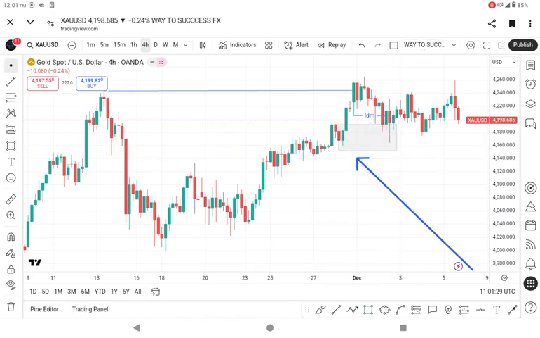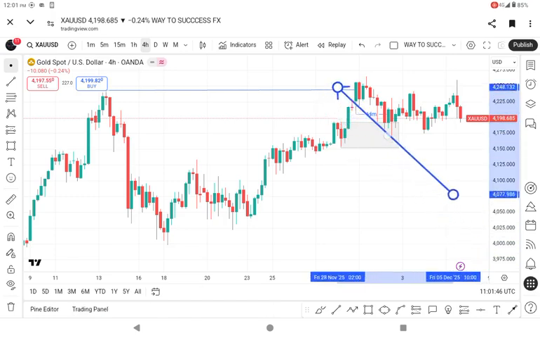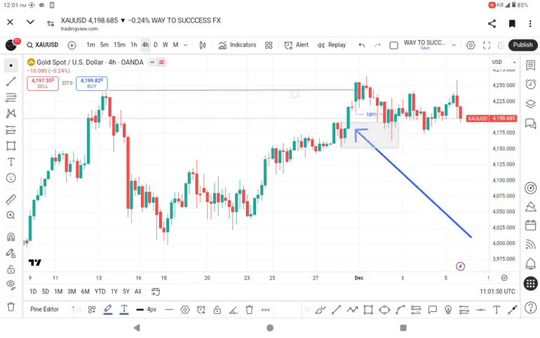After this level failed, though it has not fully failed, due to what I'm seeing on gold, I'm not interested in buying gold at this level now, because external liquidity is being taken. What I mean by external liquidity is this break of structure that happened here.